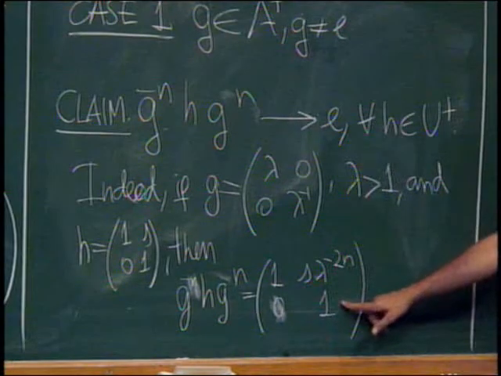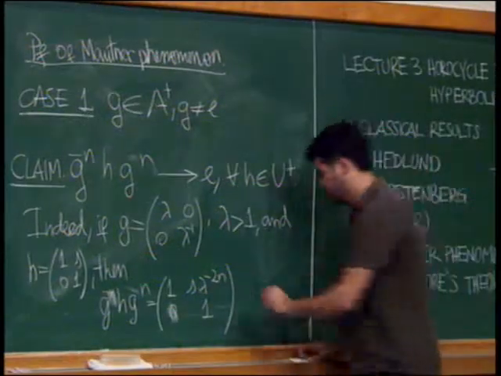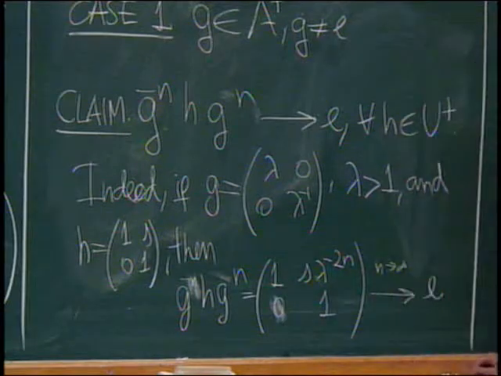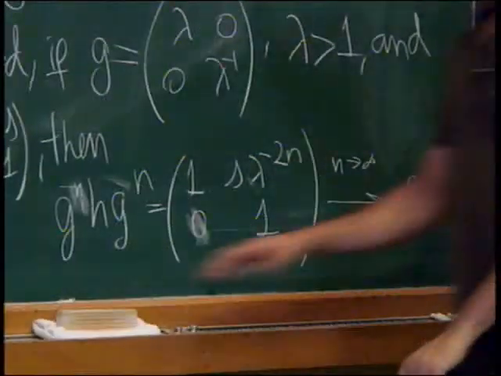Okay? So if n goes to infinity, this goes to 0, since lambda is bigger than 1. So this goes to the identity as n goes to infinity. Okay? So this is the translation of the fact that the geodesic flow renormalizes the horocycle flow. And how do we use this?